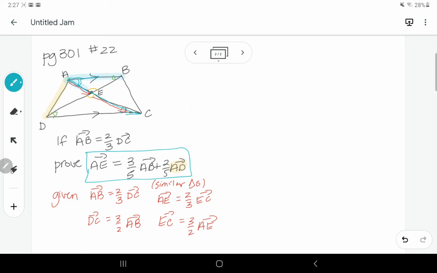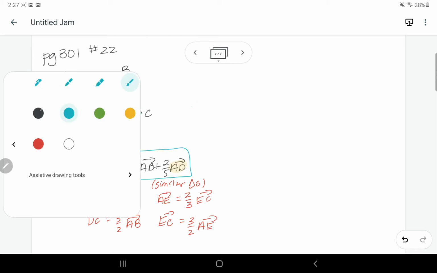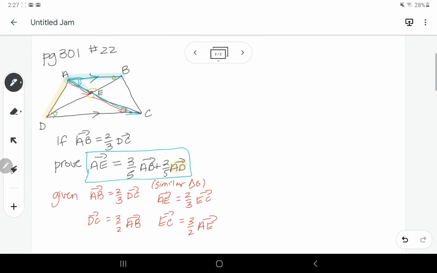And I want to prove something about AE. So I'm going to make up, and maybe this is not the most intuitive, but it's the one I saw, I'm going to make up something that's true. So I'm going to state a true fact.